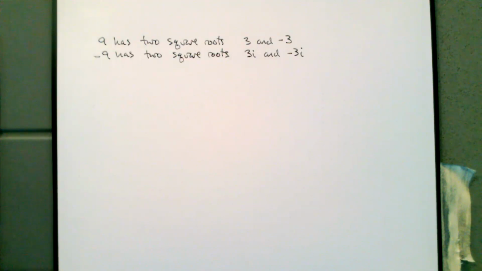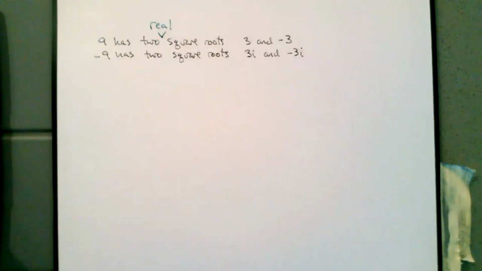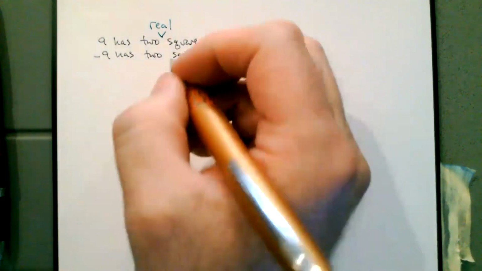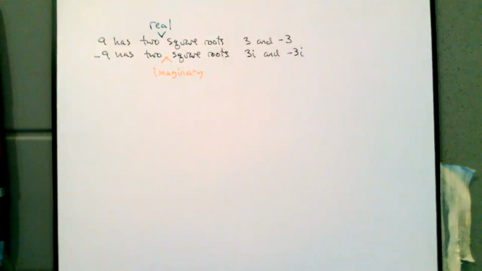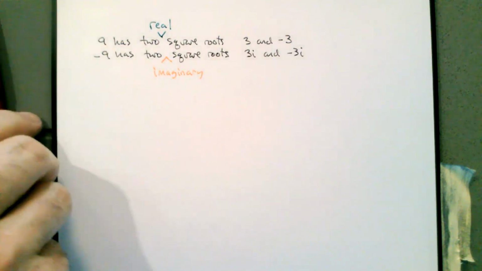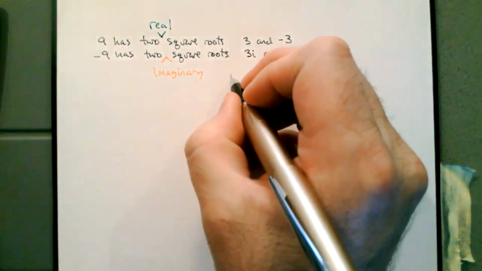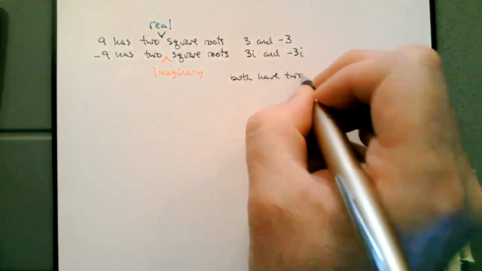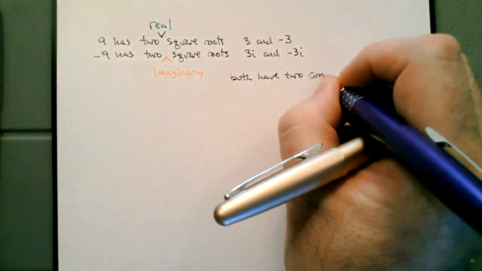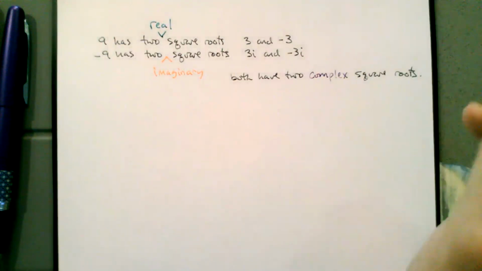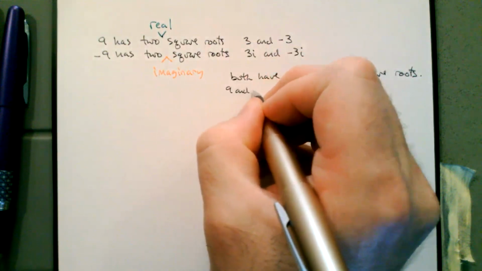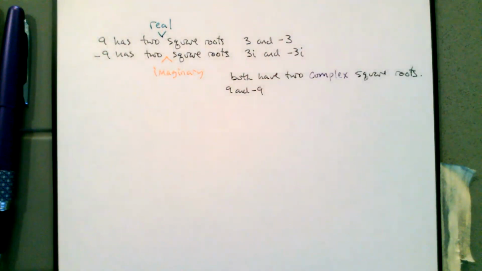Both have two complex square roots. Nine and negative 9 both have two complex square roots.